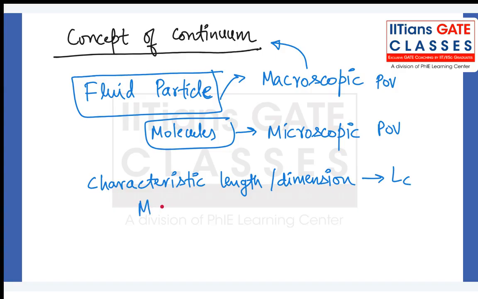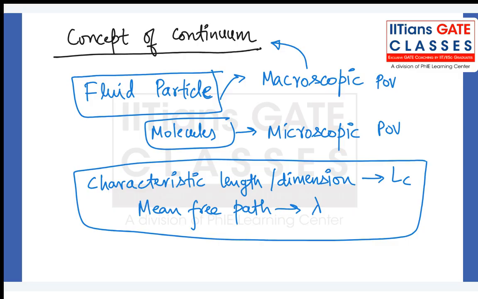Another is called mean free path, which is denoted by lambda. There is a relationship between these two quantities, and we define the concept of continuum based on these two quantities.